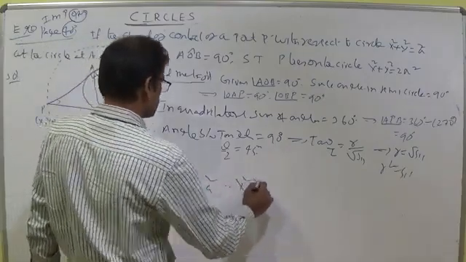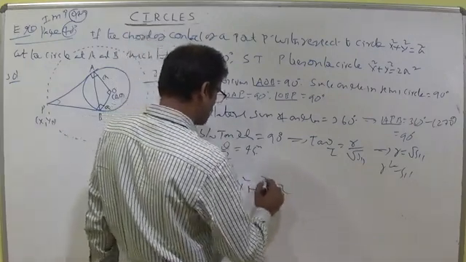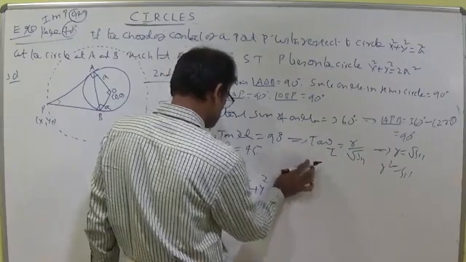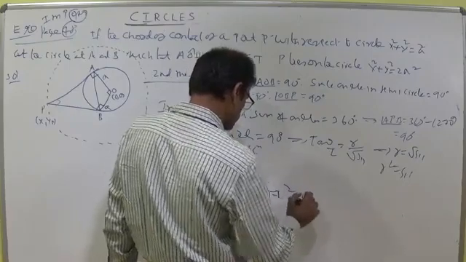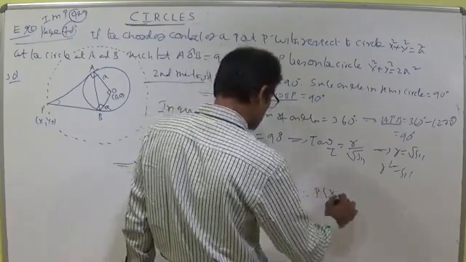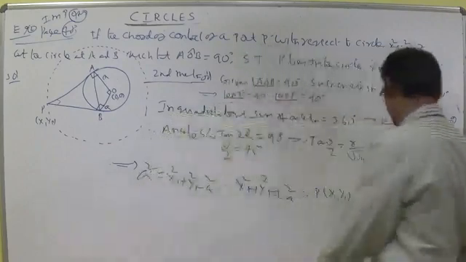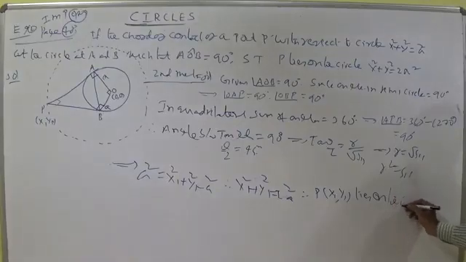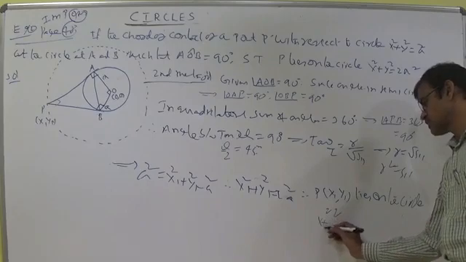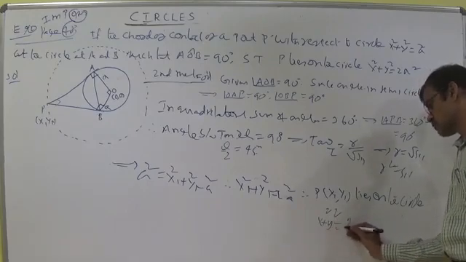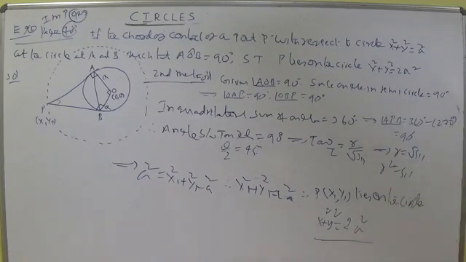Therefore, x1 square plus y1 square is equal to 2a square. Therefore, P(x1, y1) lies on the circle x square plus y square is equal to 2a square.